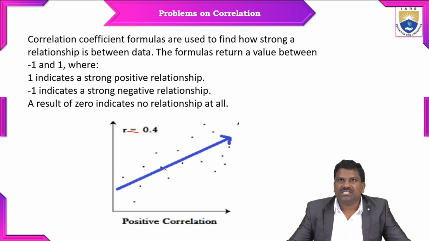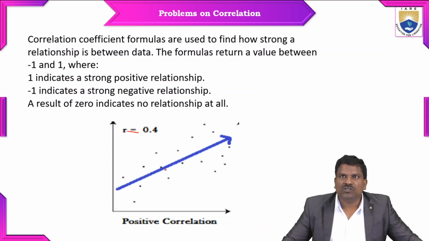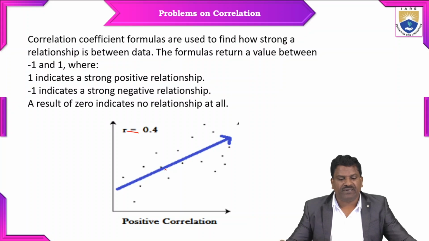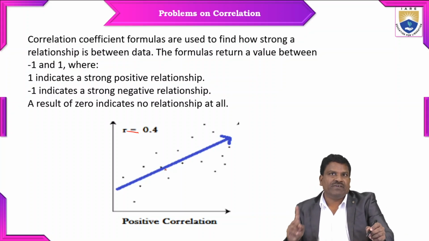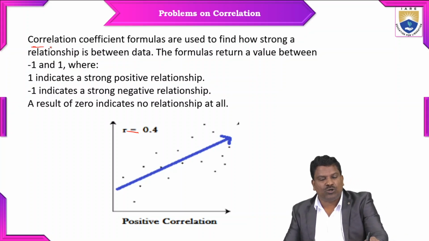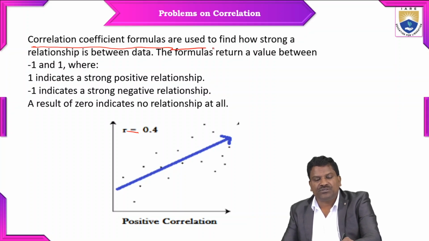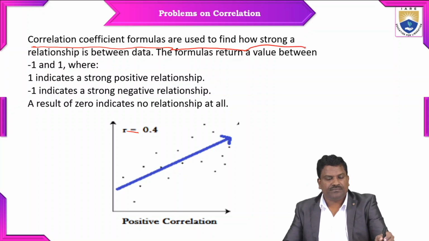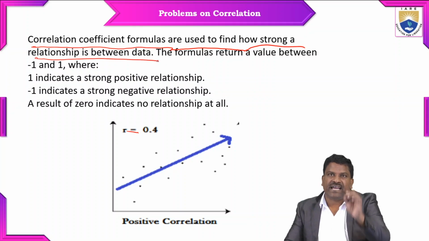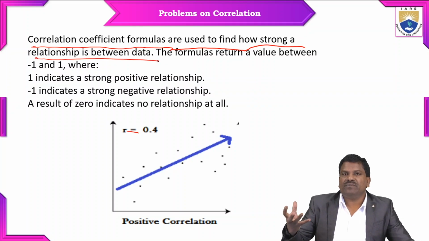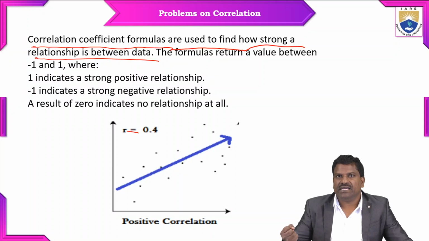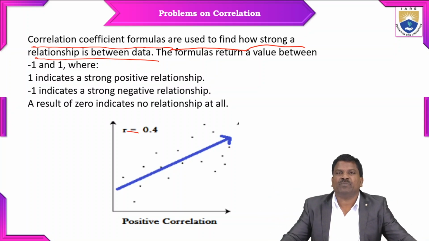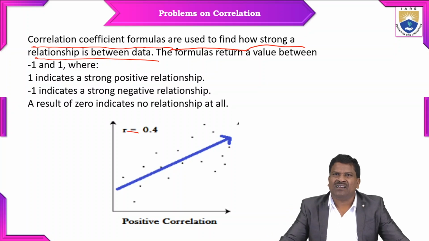Here, correlation coefficient formulae are used to find how strong a relationship is between data. That is the very, very important point. If the rank correlation coefficient is high, a strong relationship is there in the data. If that result is 0, no relationship at all.